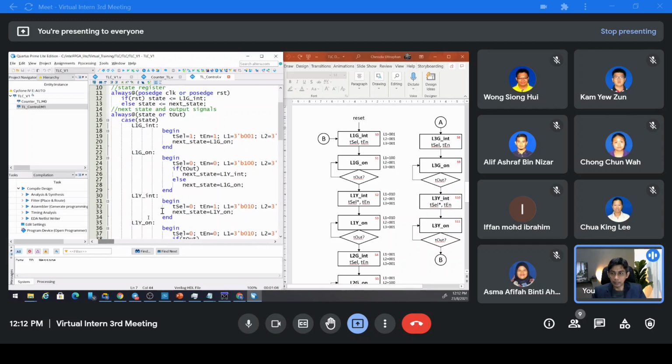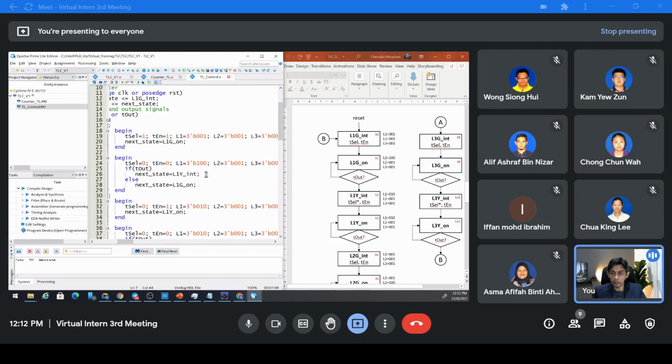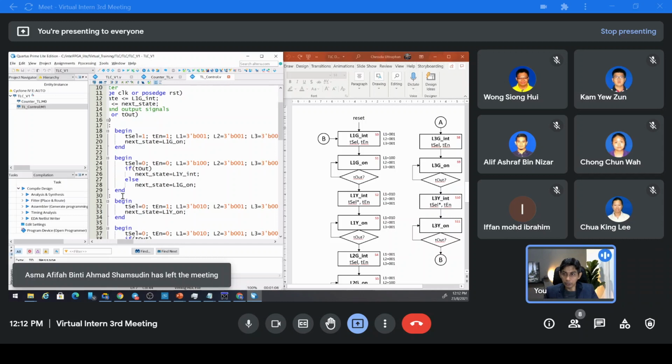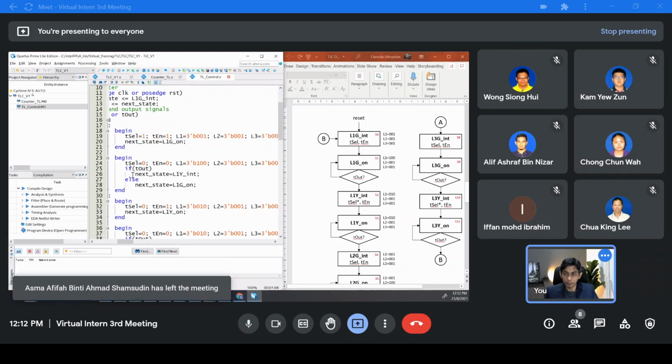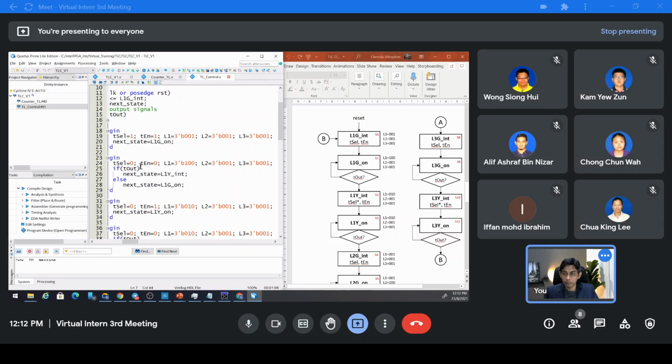The next state here, L1G on, we have a test here, right? The first one is actually not activated, so we set it at 0, 0. But remember, in Verilog, you need to have the value, right? If not, you will get a warning.